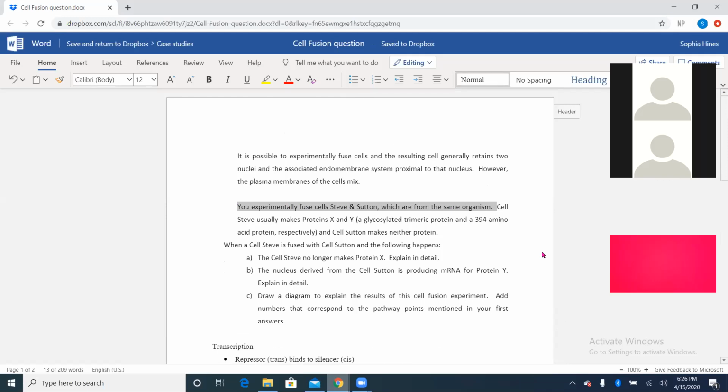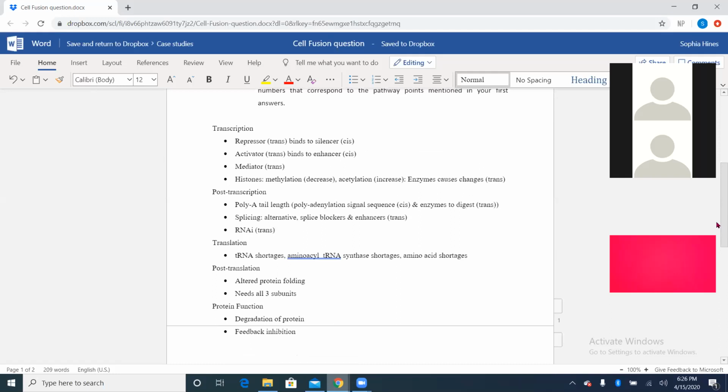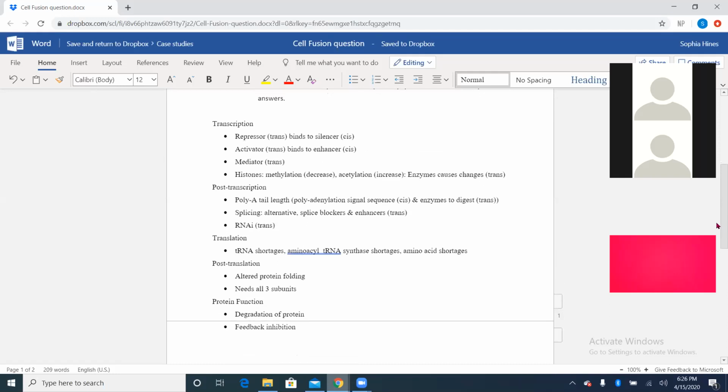That means we can rule out any changes due to mutations or changes in DNA sequences. When we fuse these together, they are sharing their signals, but their main sequences are going to be set. So we want to find things that can be shared across their nuclei. They each have their own membrane, but things can cross over from one cell to the other.